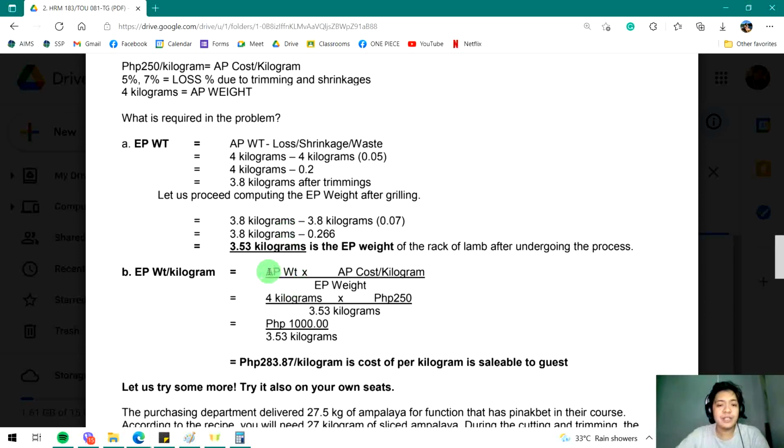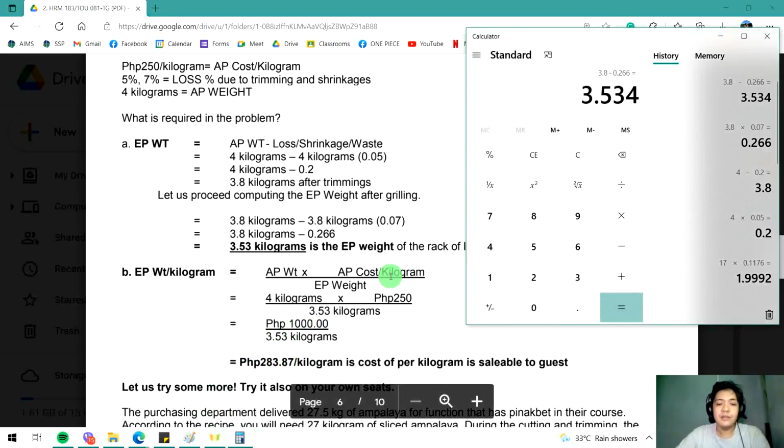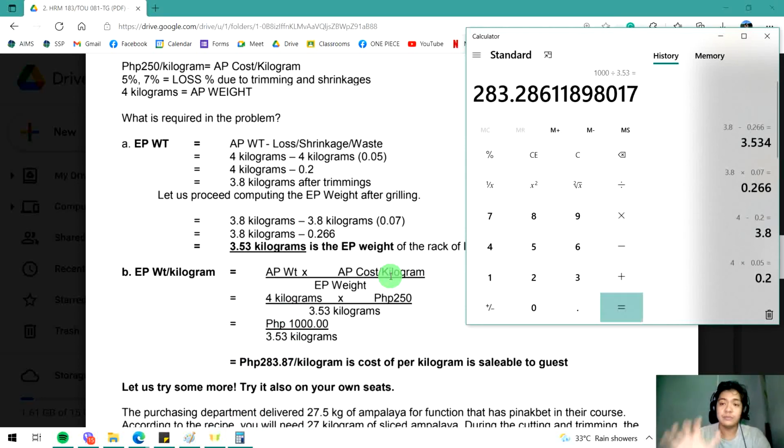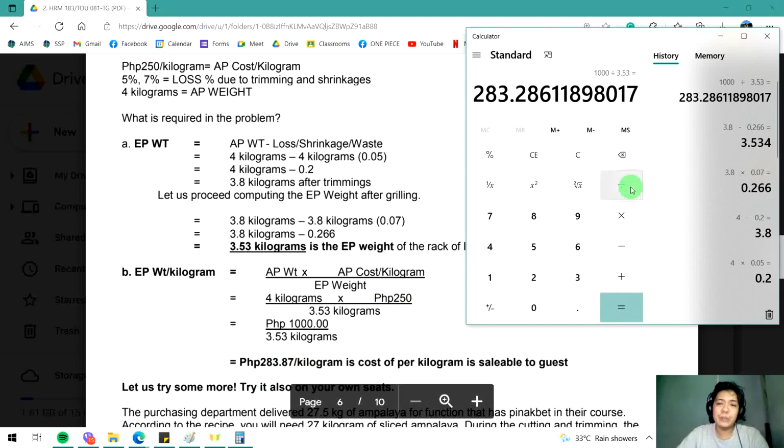So we have to first get AP weight times AP cost. So 4 kilograms times 250, that is 1,000. And if we will divide 1,000 over 3.53 kilograms, we will have 283.87. Ayan, 283.87 dito pero 283 sa akin.